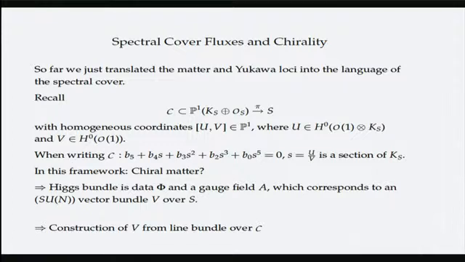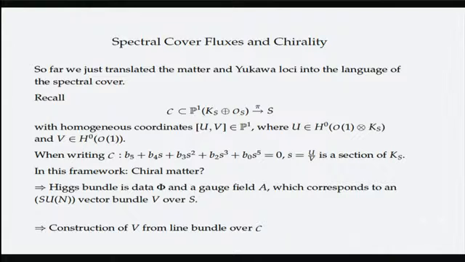What we'll have to discuss in the last 10 minutes or so is how we now, in this framework of spectral covers, discuss the actual thing that will give us chirality, meaning fluxes.